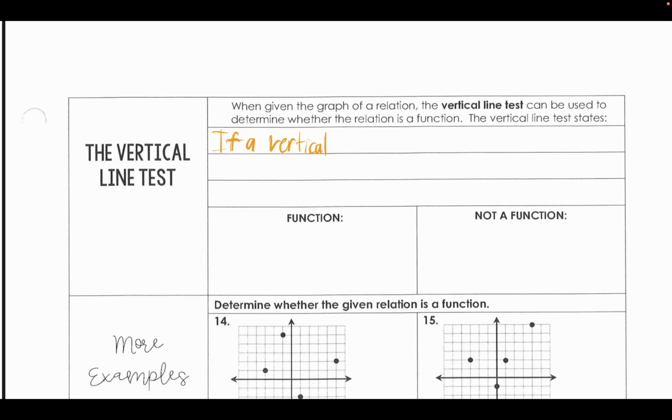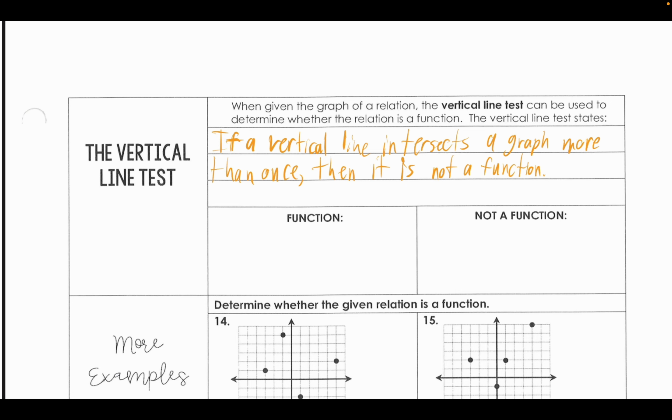if a vertical line intersects a graph more than once, then it is not a function.